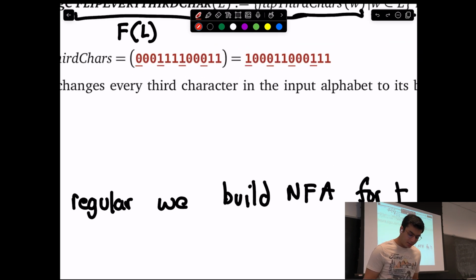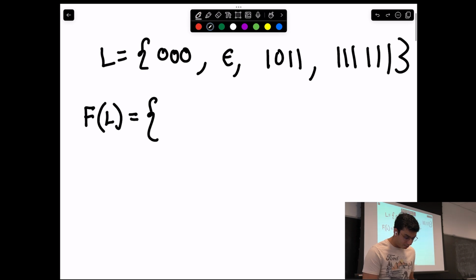There is no third character to flip here, so this stays the same. There's no character to flip here, this stays the same. If we're 0 indexing, we get 0, 1, 2, 3, and we flip this.